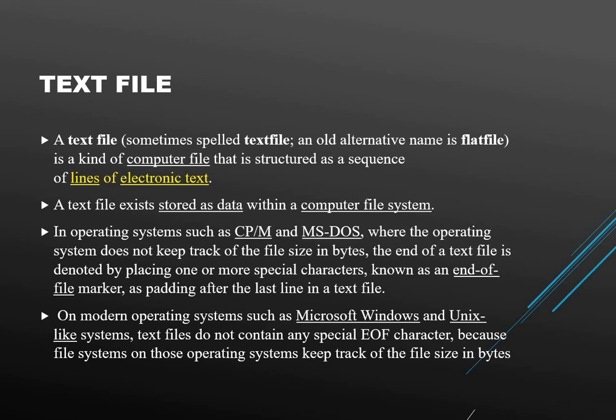On modern operating systems such as Microsoft Windows and Unix-like systems, text files do not contain any special end of file character. The EOF stands for end of file character, all right? Because file systems on those operating systems keep track of the file size in bytes.